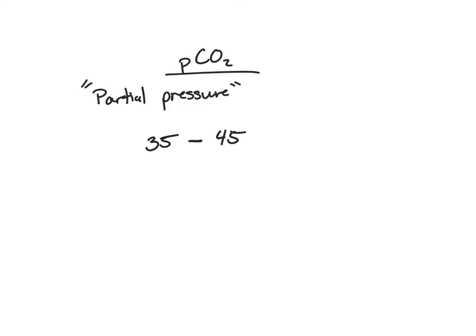Remember that in our chemical equation back at the beginning, carbon dioxide plus water equals carbonic acid. So when you're analyzing a blood gas, it's useful to think of carbon dioxide as an acid.